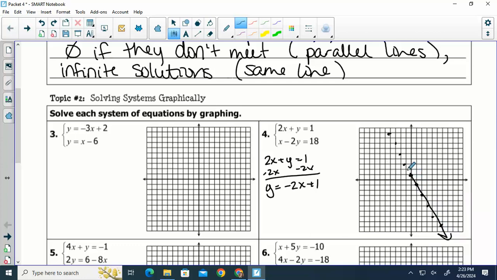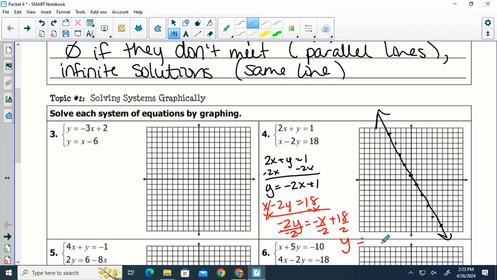Then we need our second one. So that was x minus 2y equals 18. So if I get that in y equals mx plus b form, subtract our x. So negative 2y equals negative x plus 18. Then what would you do? Divide by negative 2, everything.